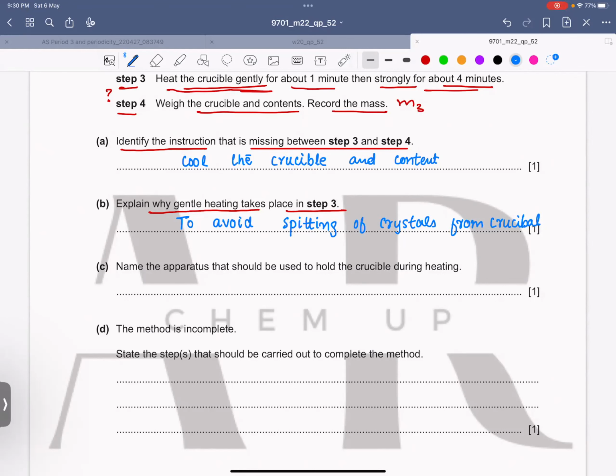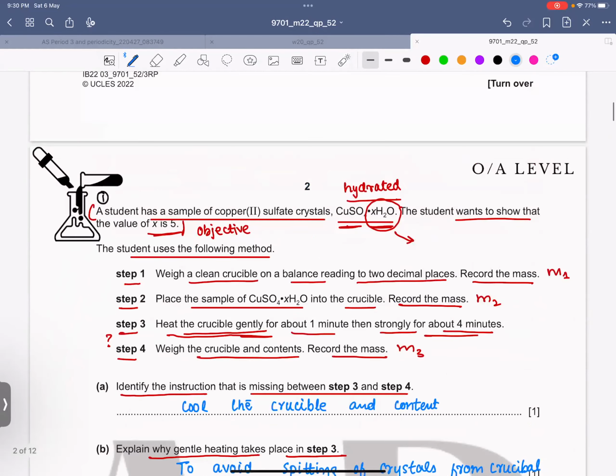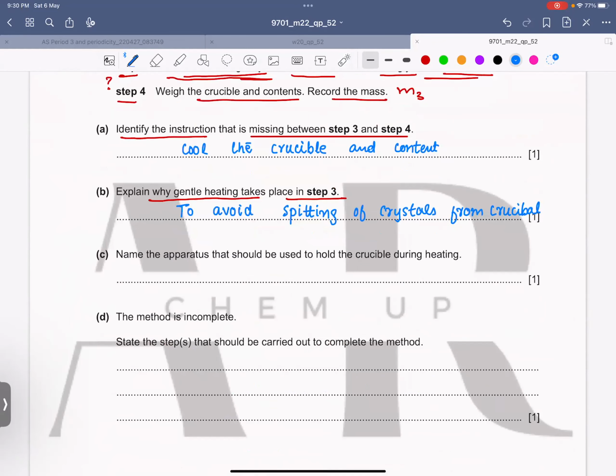Sir, what is a crucible, by the way? A crucible is a very small ceramic cup, and it has a lid over it.